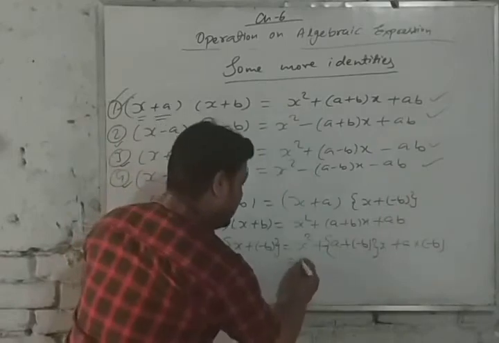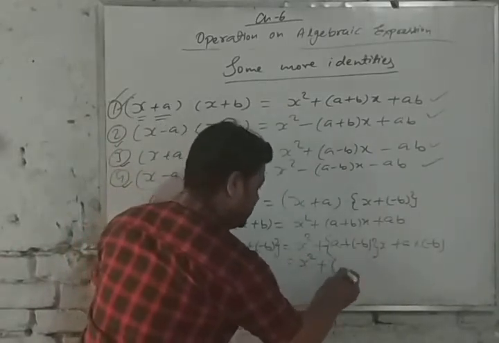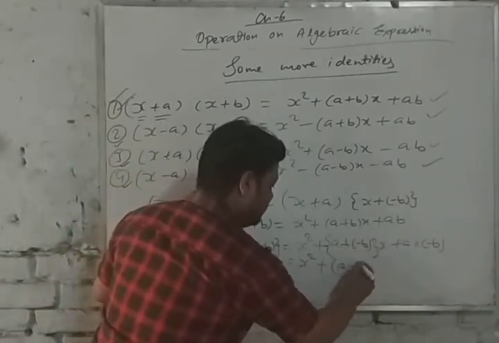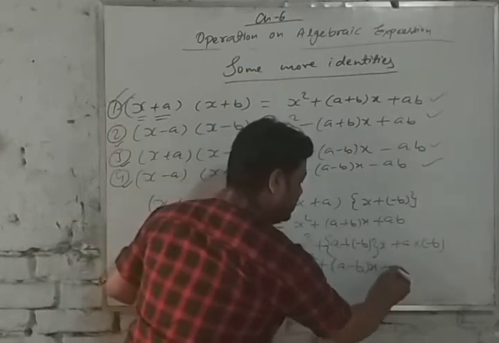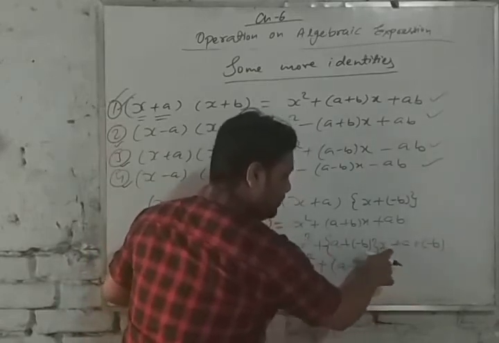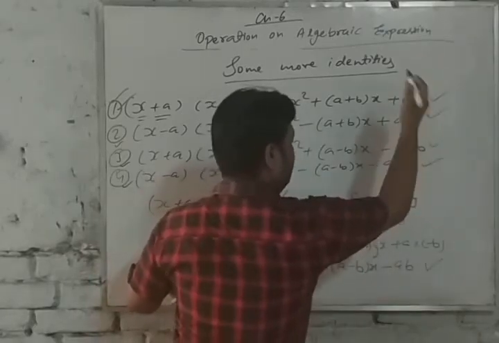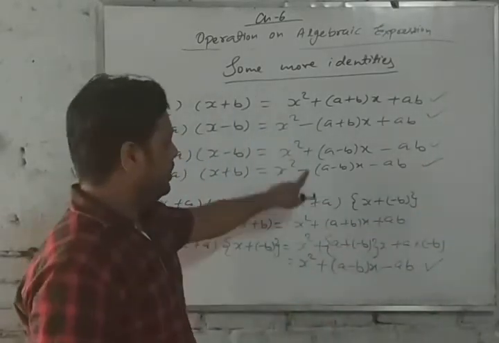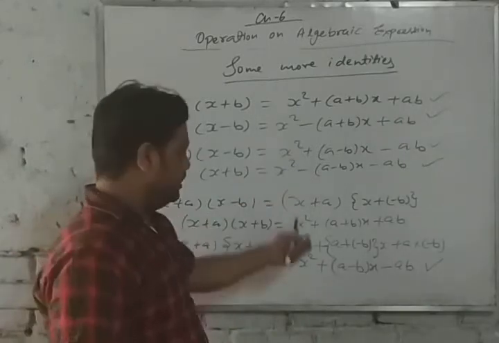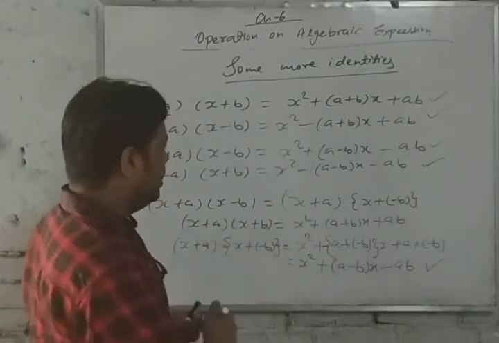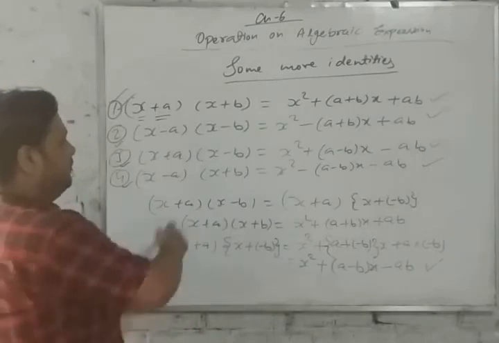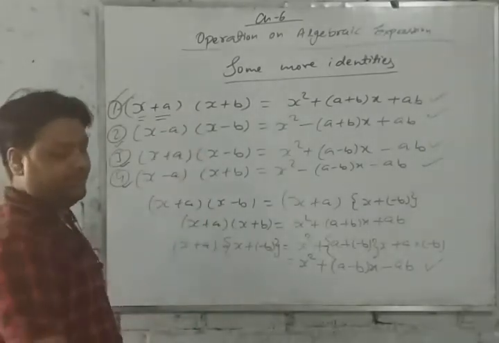Now it is x square plus a and plus minus b into x, and here only one minus, so minus a into b. Now see the third one. Same formula. So like this we will also solve. Now let's prove the last identity with the help of the first identity. Okay.